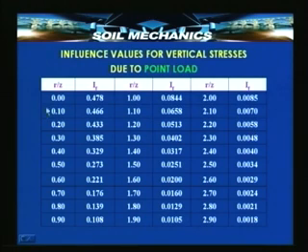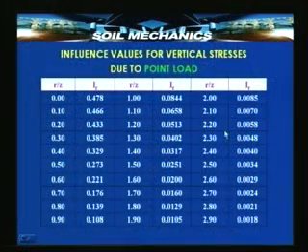Here, R is the distance measured radially from the point of action of the concentrated or point load. So, that must be remembered, and Z is the vertical depth at which the point where we want the stress lies. The ratio R upon Z is directly related to the influence factor. The influence factor contains R upon Z as a non-dimensional term. So, for different values of R by Z, we already have the influence factor.